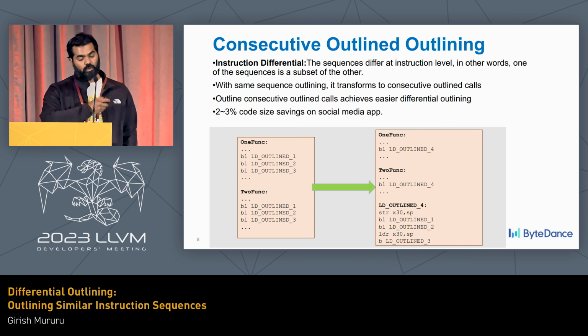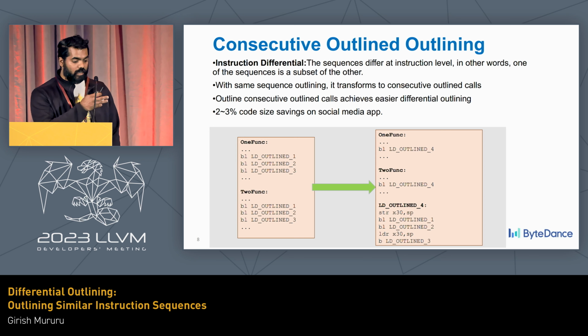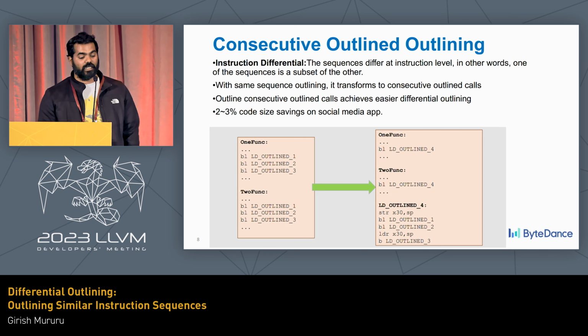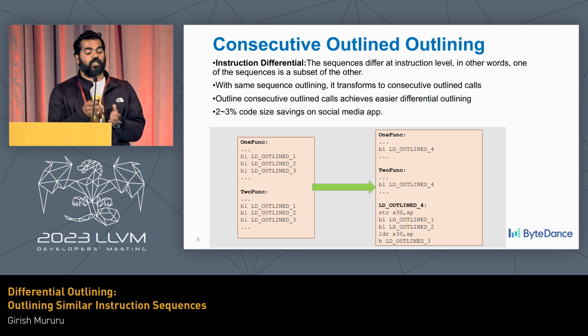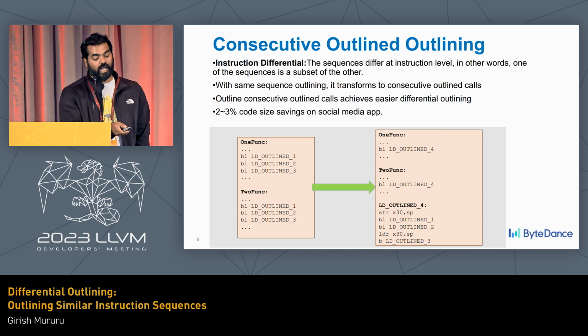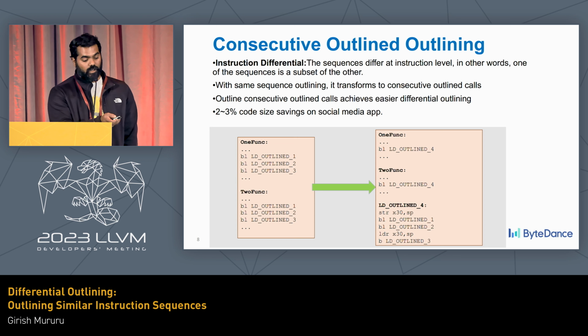So now we can find all the possible similar sequences at scale, and how do we handle it? In case of instruction differential, where one sequence is completely a subset of the other, what we saw was that with outlining enabled, this basically transforms to consecutive outline calls. For example, here you have one func and two func, where your outlining has already transformed these separate instructions into different outline calls.